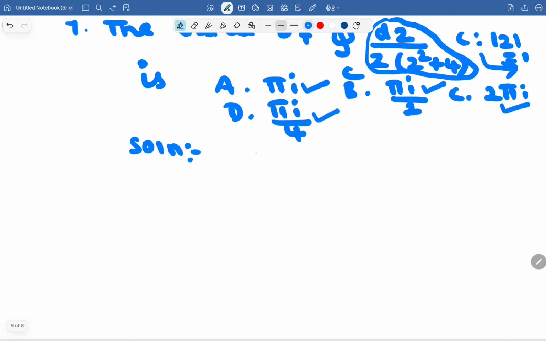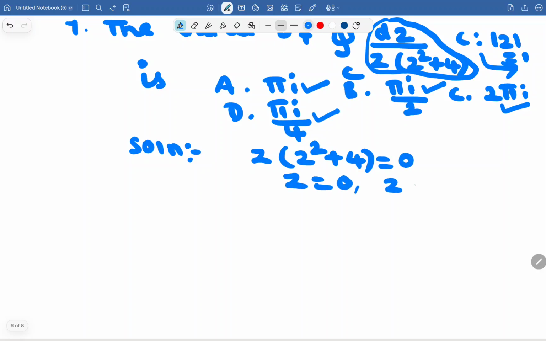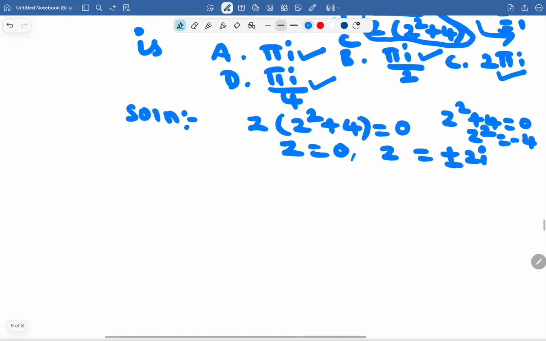First of all, find the poles. For finding poles, equate denominator to 0. z into z square plus 4 equal to 0, z equal to 0, z equal to plus or minus 2i, since z square plus 4 equal to 0, z square equal to minus 4.